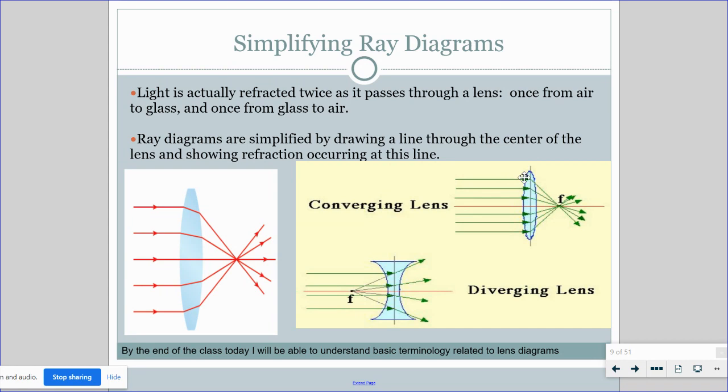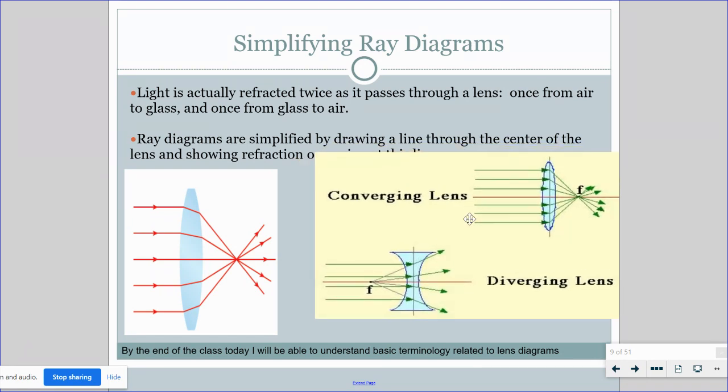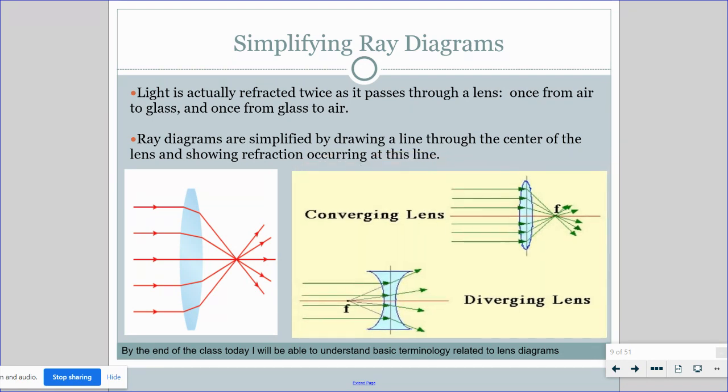We assume the incident ray goes to there, then bends and refracts toward the focal point. Or in case of a diverging, it goes in and refracts away from the optical center. And then we extend those refracted rays back to get where the image is.